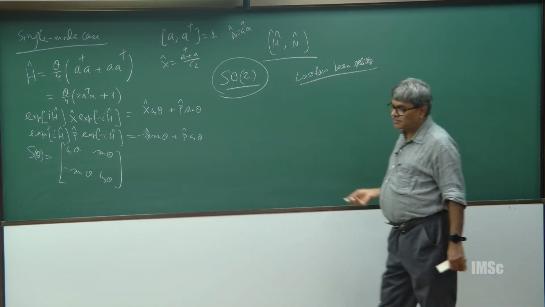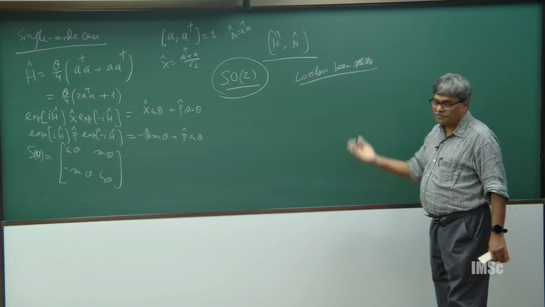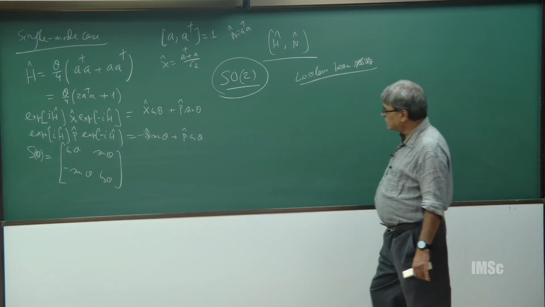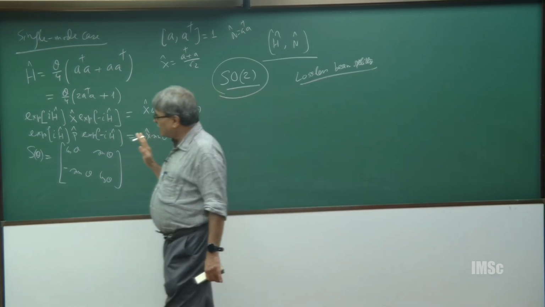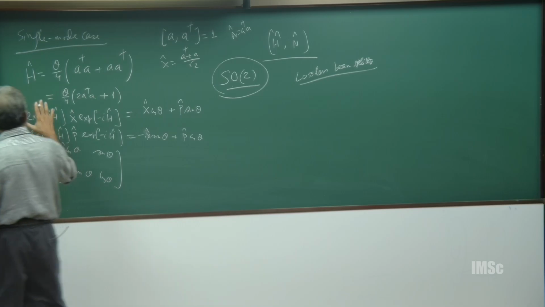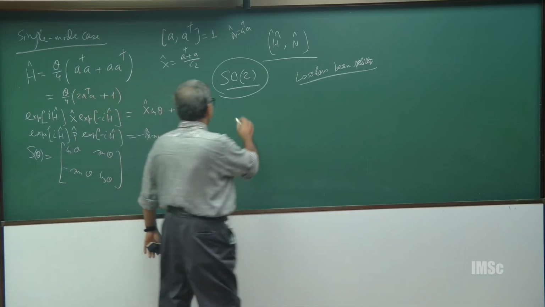Rotation, of course, is a passive transformation. Anyway, the point is that this is one particular type of Hamiltonian generating this symplectic transformation, and this is a compact group.